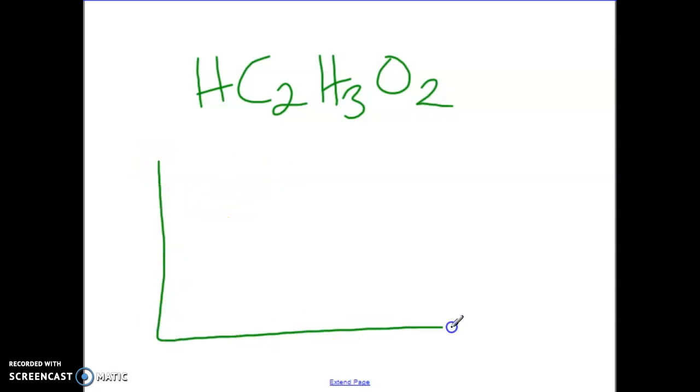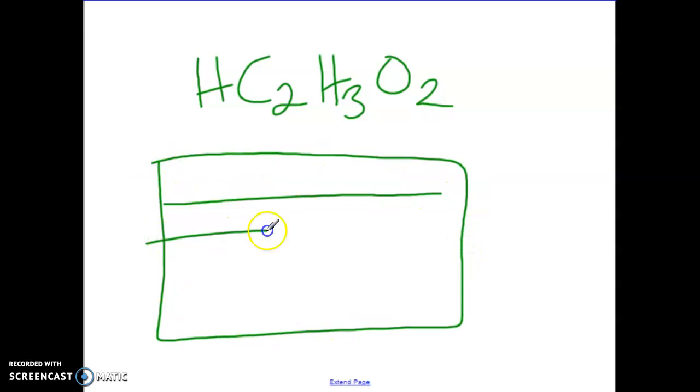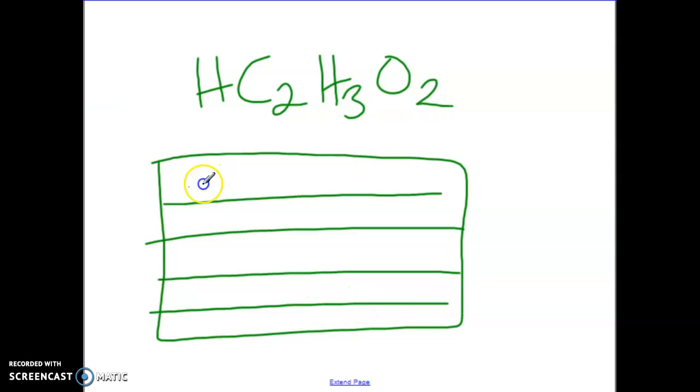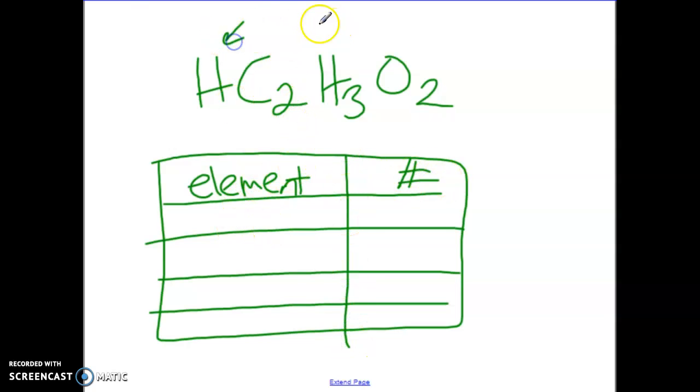So there's going to be a chart that you're filling out. And it's going to have element, something like this. Element and then the number of atoms. So if an element is showing up twice, you basically will add them together.